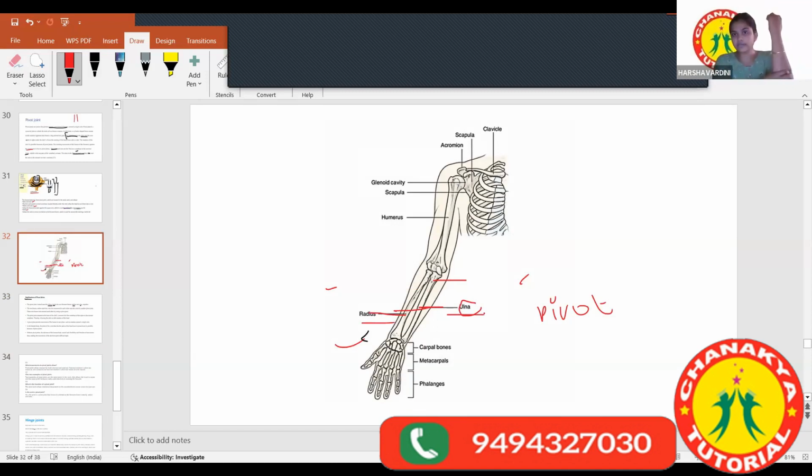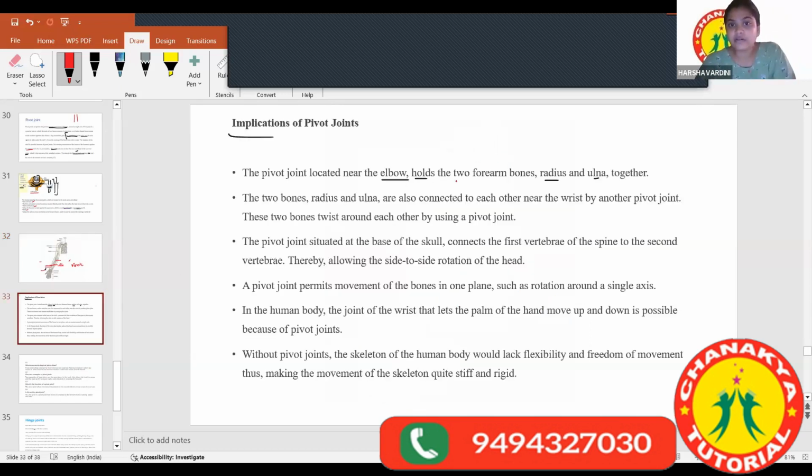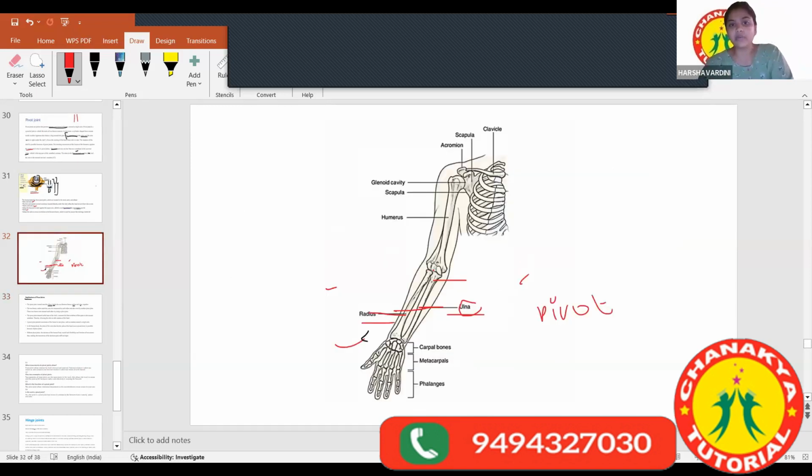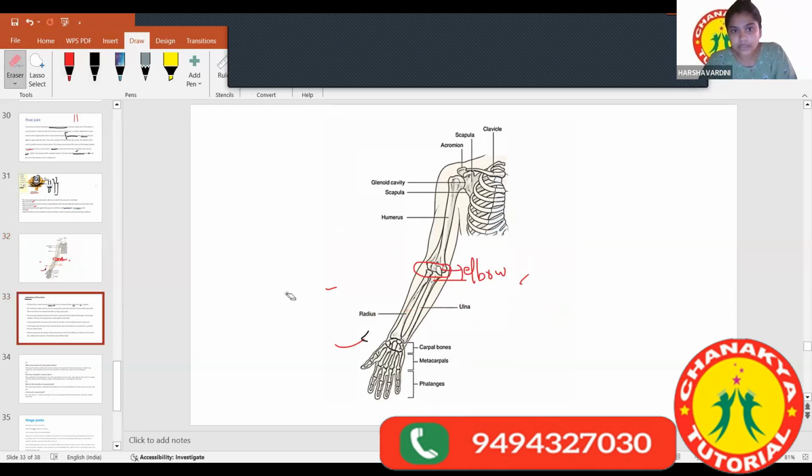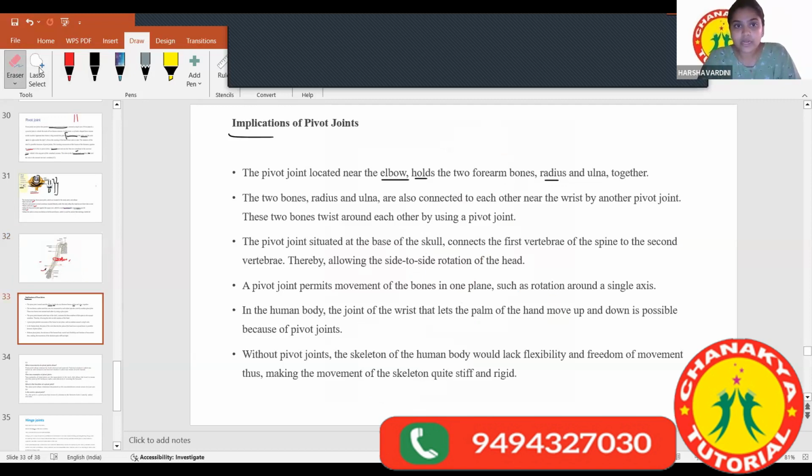Can you see the diagram? After this we have the elbow, so this part is actually the elbow. This is radius and this is ulna. I'll erase it. I hope you can clearly see now. Yes, radius and ulna together.